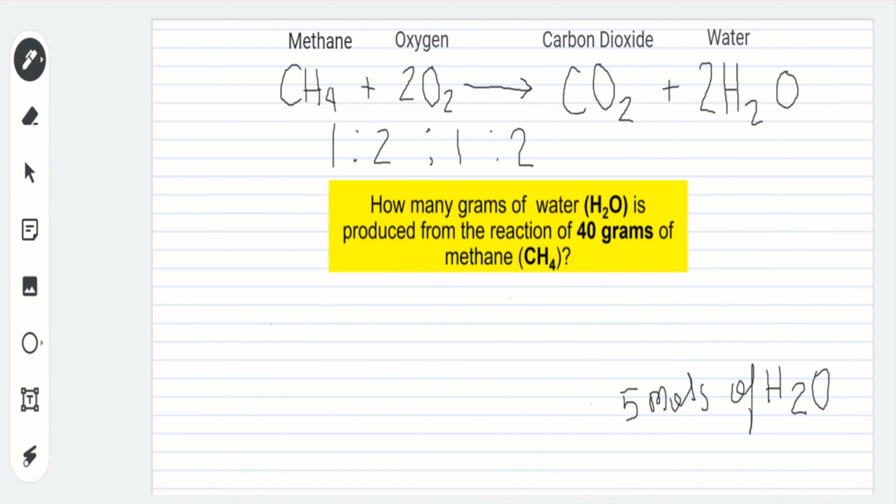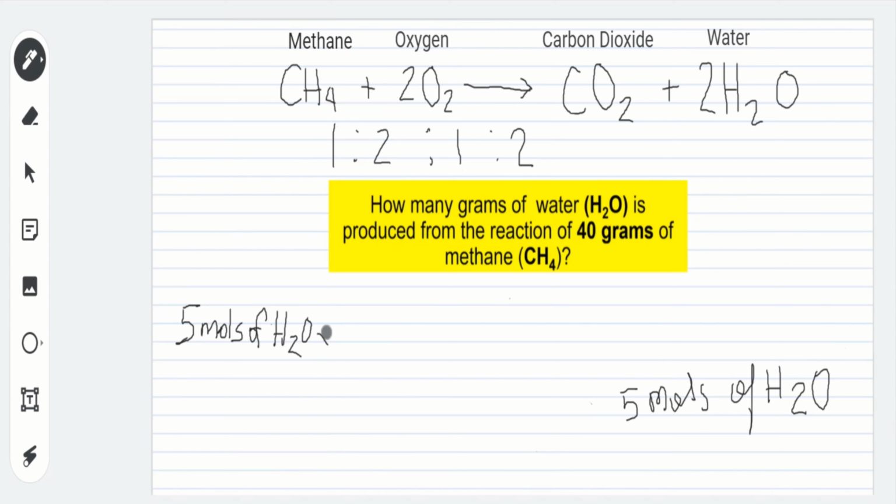Okay, so let me just rewrite our 5 moles of water here para may space pa tayo. So, hanapin natin yung for every 1 mole of water, ano yung molar mass.